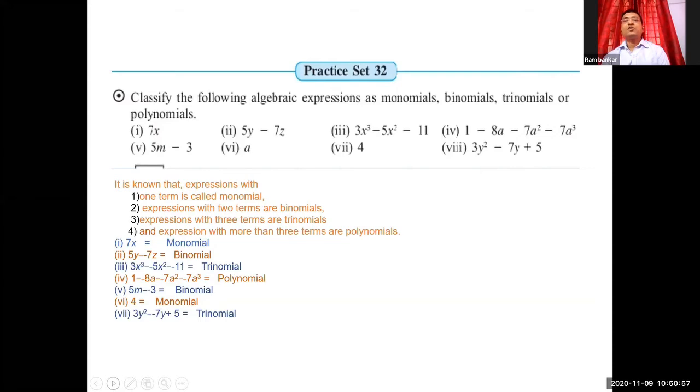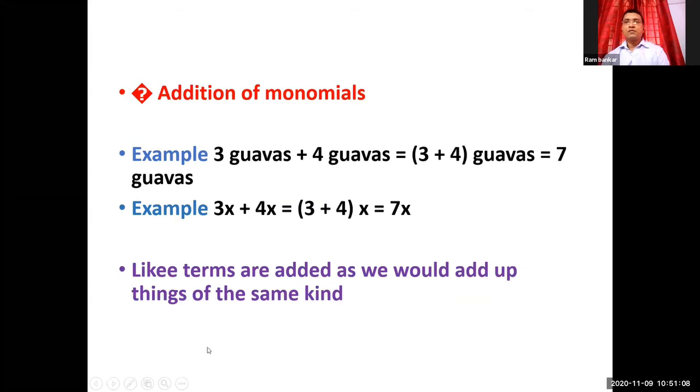There are three terms. So it is trinomial. Okay, in this way we can solve practice set 32, which is very simple to solve. So students, we are going to do operations on these algebraic expressions.